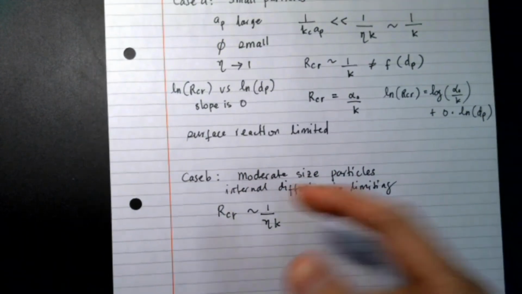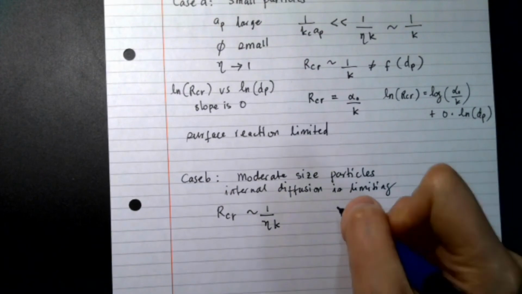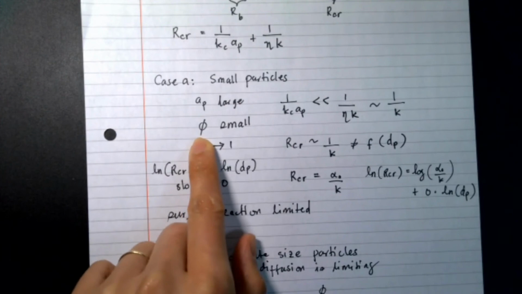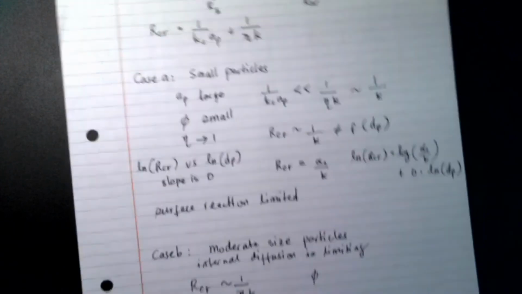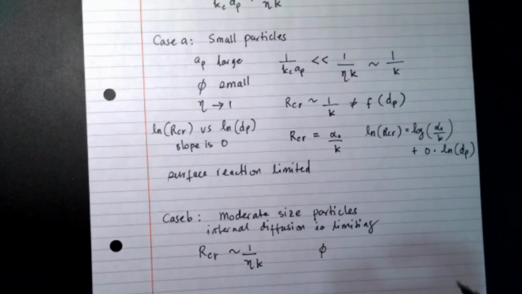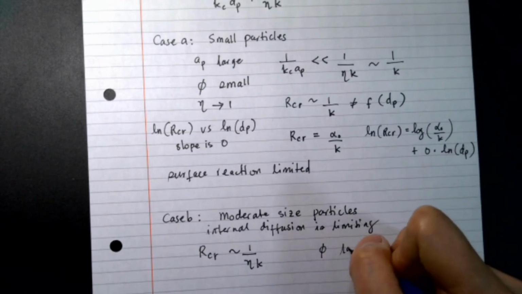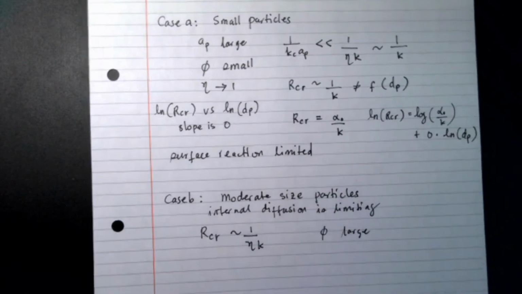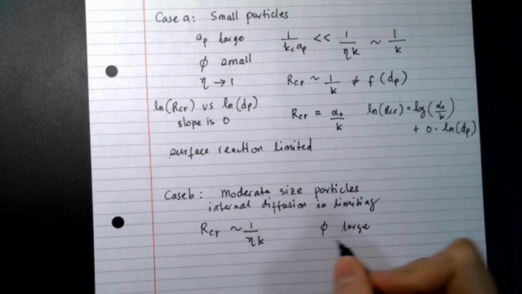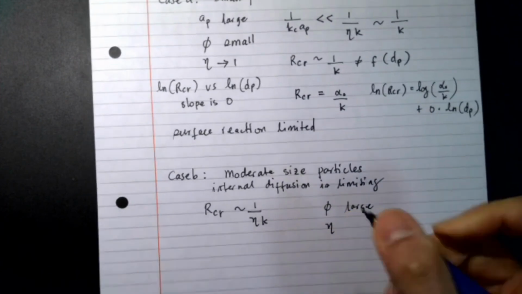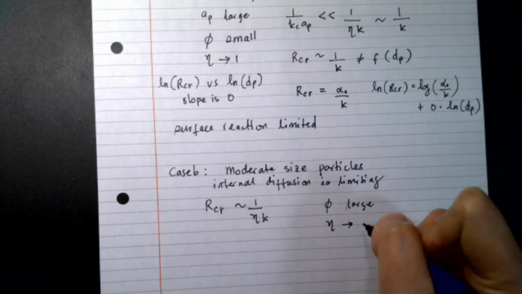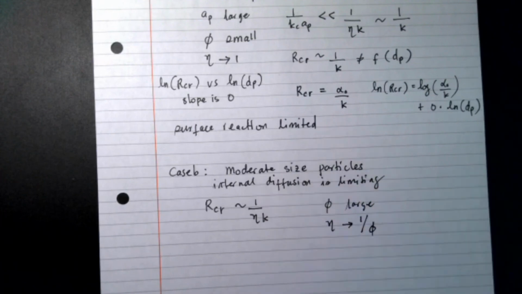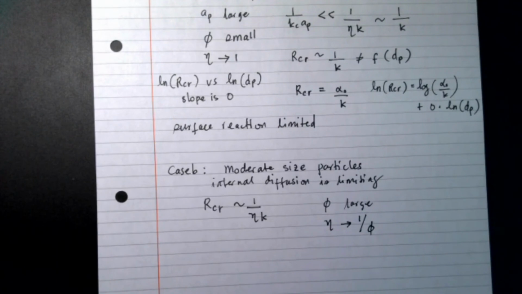But now, for moderately sized particles, the Thiele modulus is much larger than when your particles are small. And we know from topic 3 that for large Thiele modulus, your effectiveness factor eta tends to 1 over the Thiele modulus.